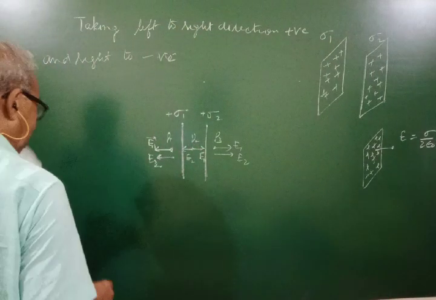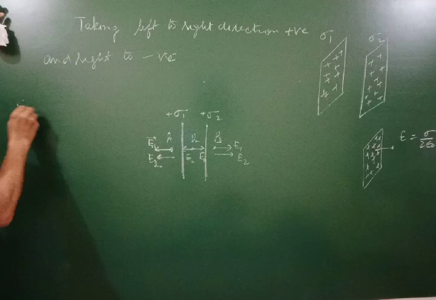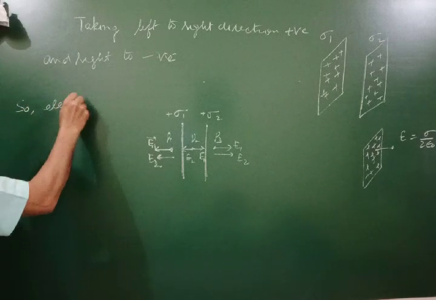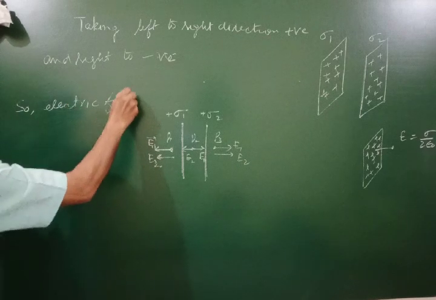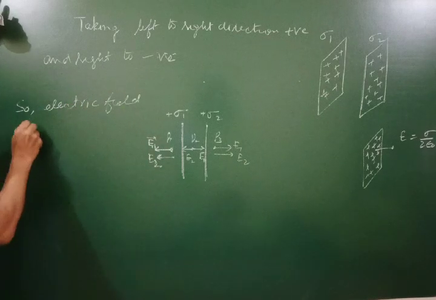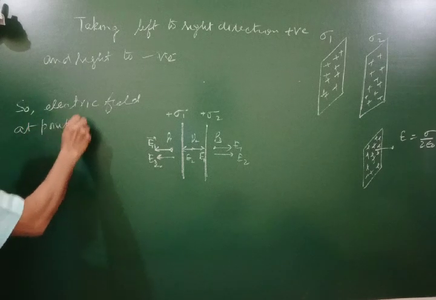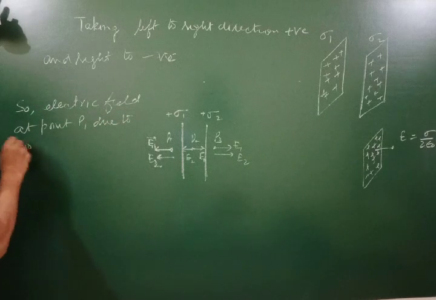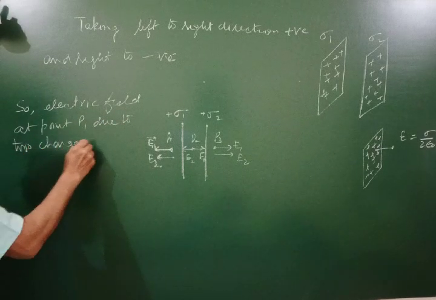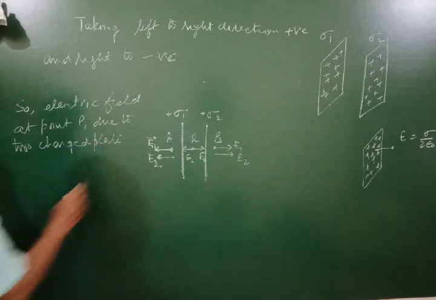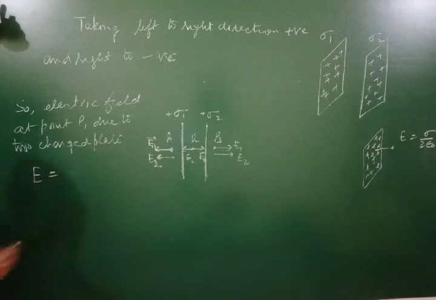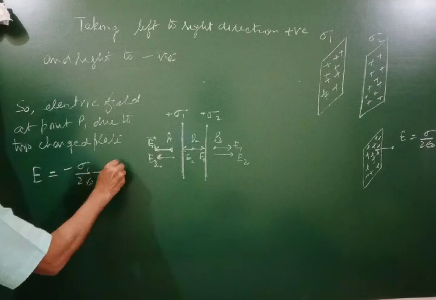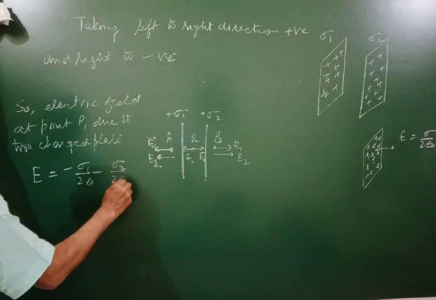Since these two fields are from right to left, the electric field at point P1 due to two charge plates is equal to minus sigma 1 upon 2 epsilon 0 or minus sigma 2 upon 2 epsilon 0.